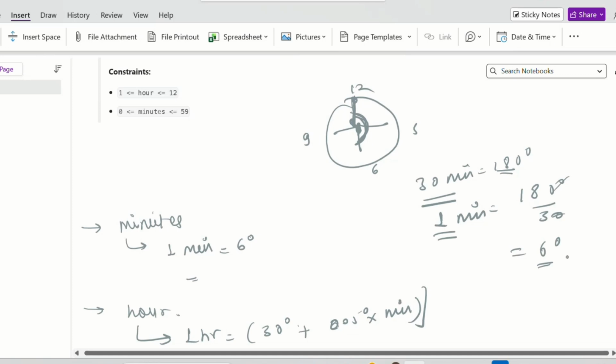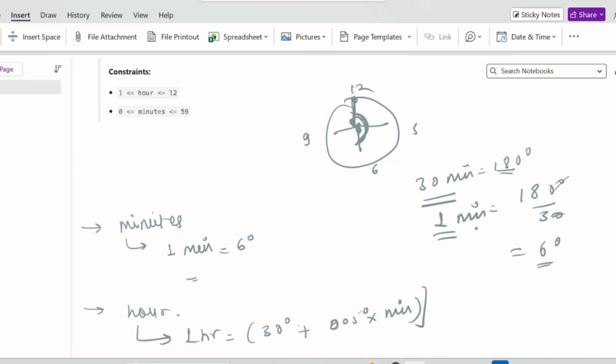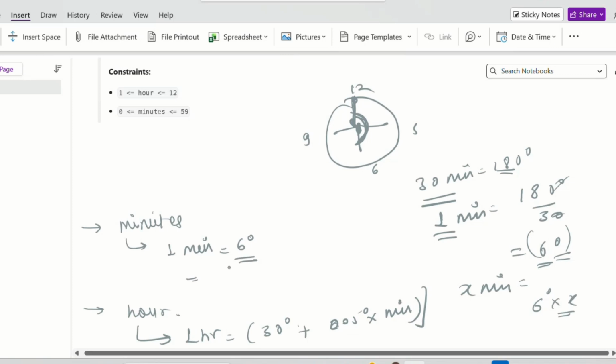So in 1 minute the angle is 6 degrees. So for x minutes, my angle will be 6 degrees into x. So for the minute hand, we can easily find it with the help of this formula, 6 into x.